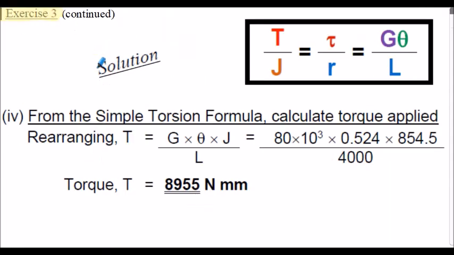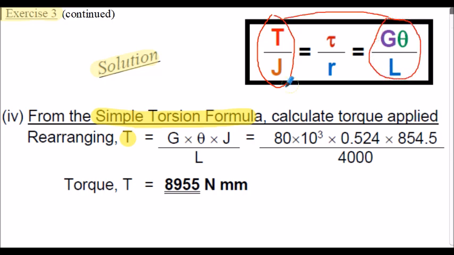Exercise 3, solution continued. And finally, we're asked to calculate from the simple torsion formula the torque required for this particular angle of twist. So now I'll be using these two parts of the simple torsion formula, multiplying both sides by J to find T. So T is equal to G theta J divided by L. And again, inserting the values, the torque required to give the 30-degree angular movement in this exercise is 8,955 Newton millimeters.